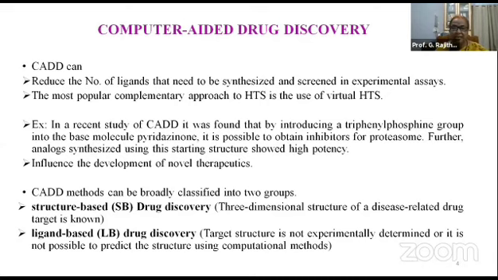The HTS came into the picture. But HTS and combinatorial chemistry also take a lot of money. We have to use the equipment and all that. Plus time is also required. But HTS is replaced by virtual HTS.